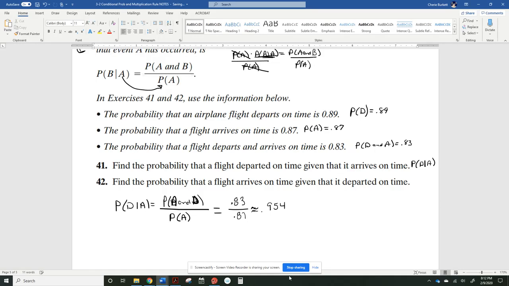And then number 42, find the probability. What do they want? Find the probability that the flight arrives on time given that it departed on time. Okay, so again, find the probability of A and D. You could say D and A, it doesn't matter, it can go in any order.